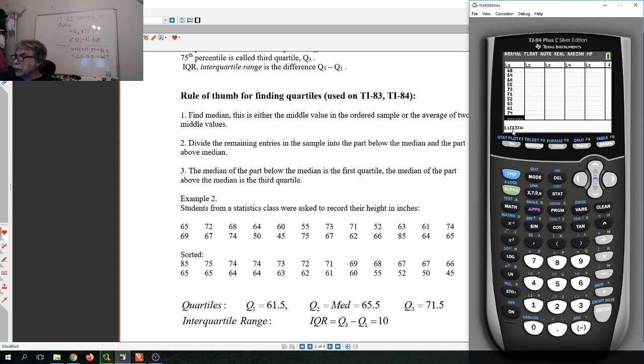You can see that in my calculator the next one would be the 13th item in list 1. This is symbolically written here, list 1, the 13th item. So that will be 69. This is the 13th item, right?